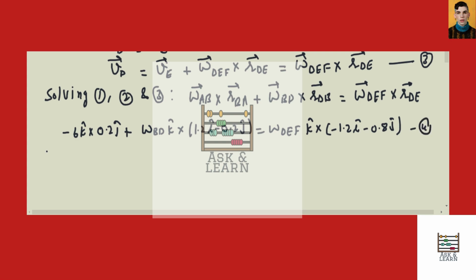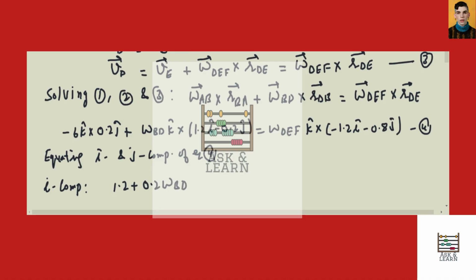equating the i and j components of equation 4, we can write for the i component: 1.2 plus 0.2 omega BD is equal to 0.8 omega DEF, equation number 5.